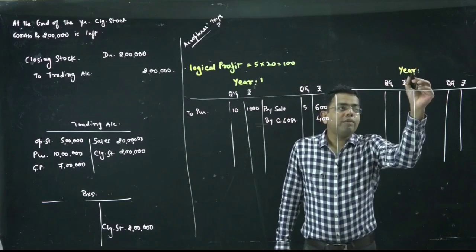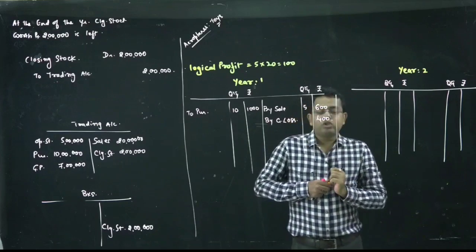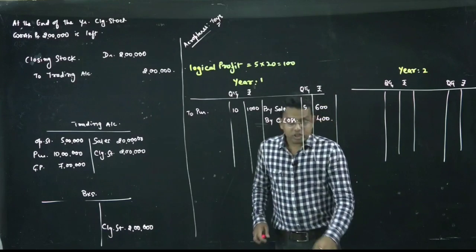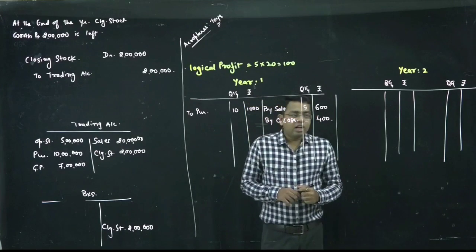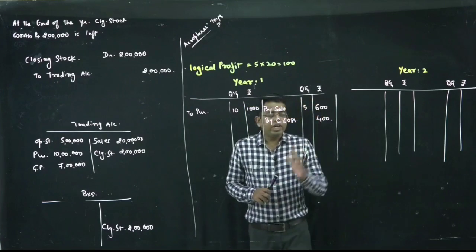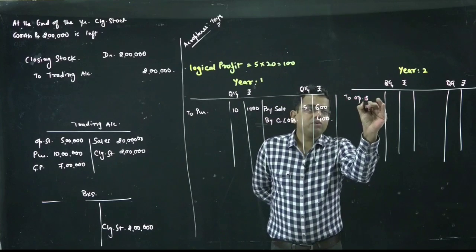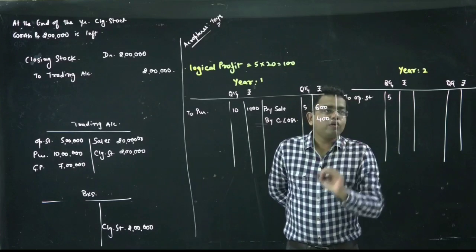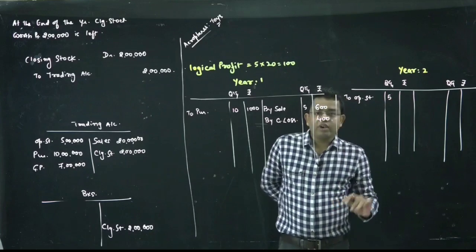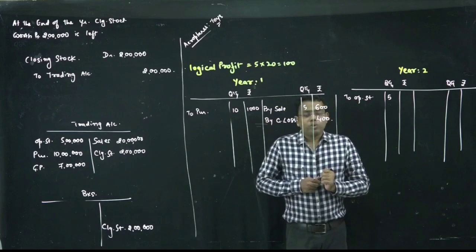In year 2, would there be any opening stock? Yes, obviously there would be an opening stock in my godown. In my godown there would still be 5 aeroplanes lying idle. But would there be any opening stock in the books of accounts? Yes, there is a quantity of 5 aeroplanes, but would there be a value? No, the value will be 0.